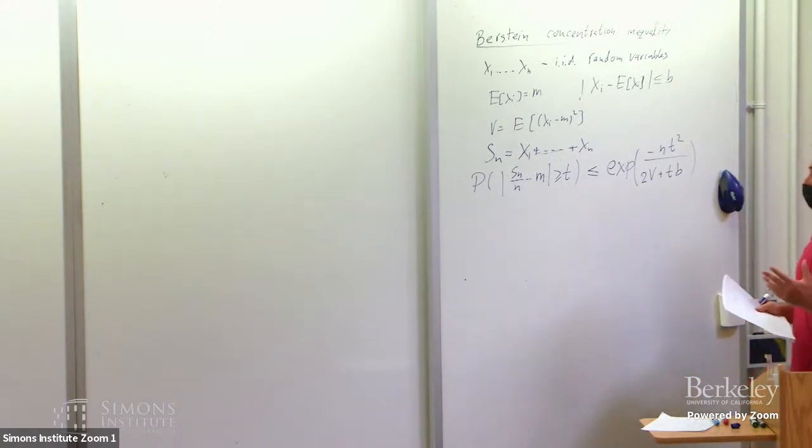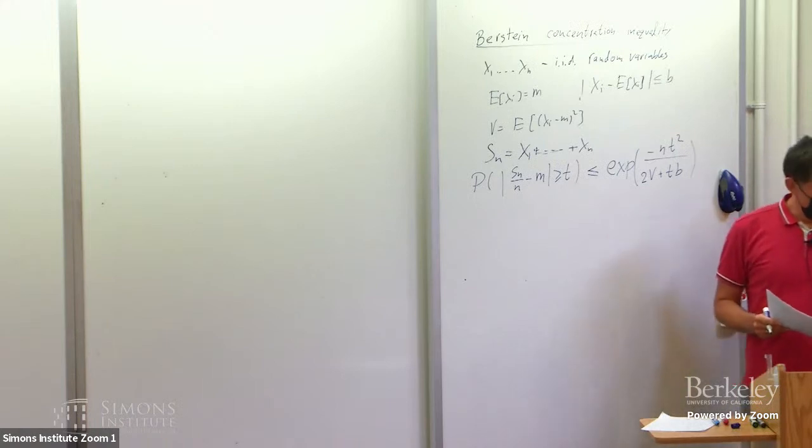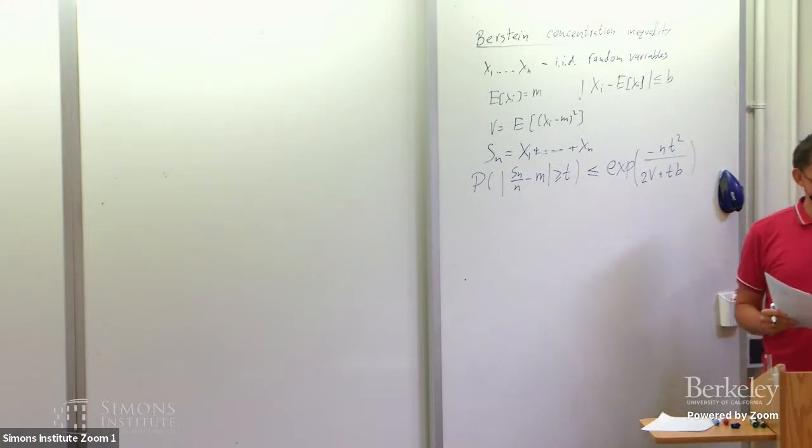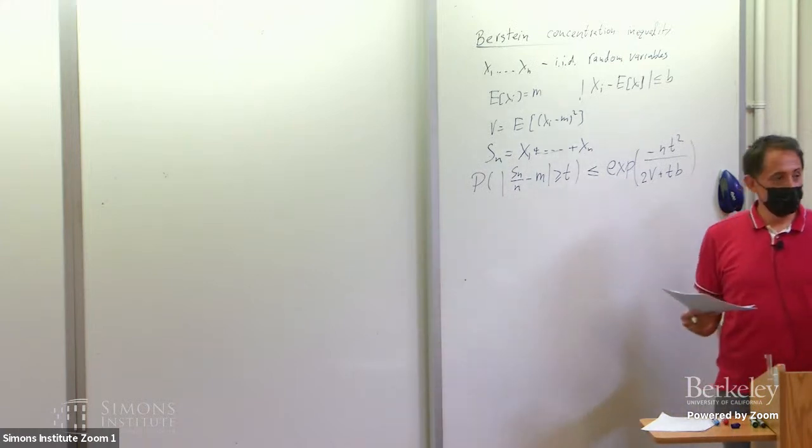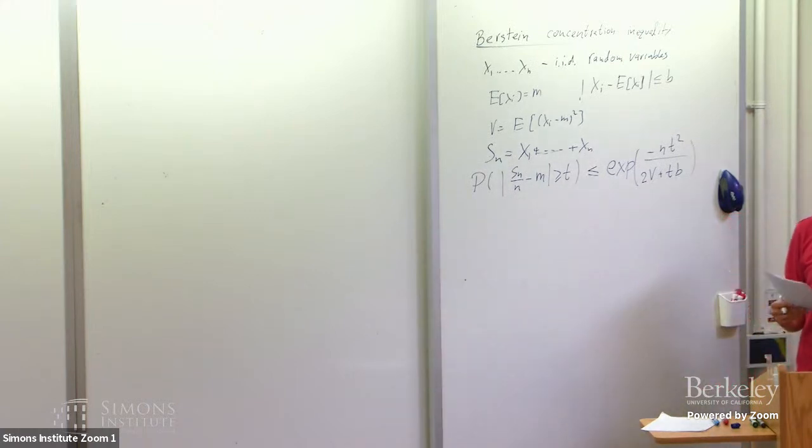So first of all, what do you expect, let's say, from the law of large numbers, right? You expect that the typical distance of the average to the mean is going to be like 1 over square root of n.